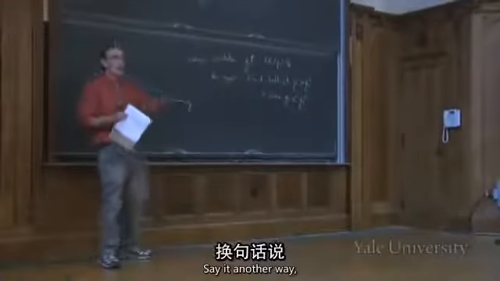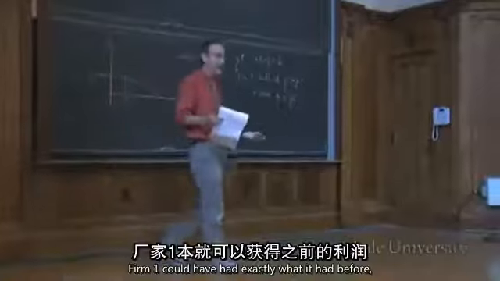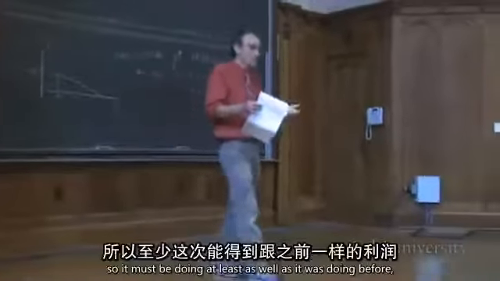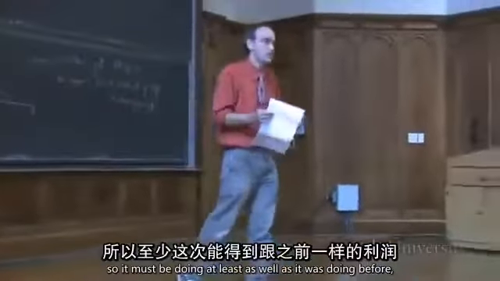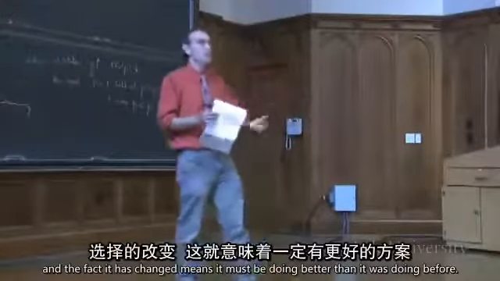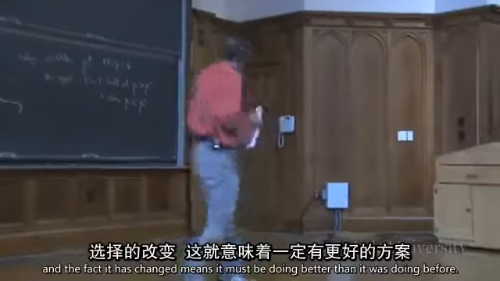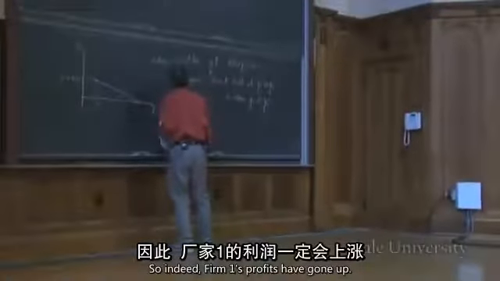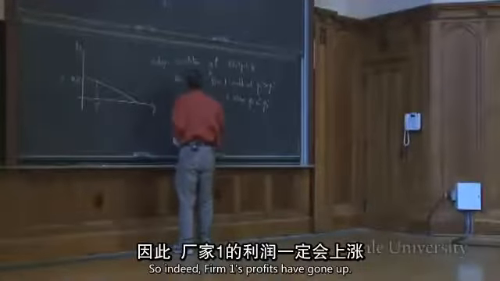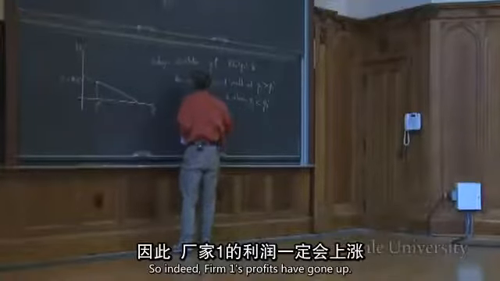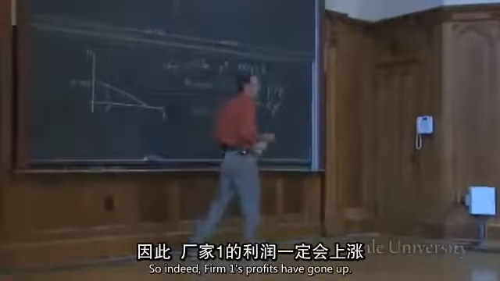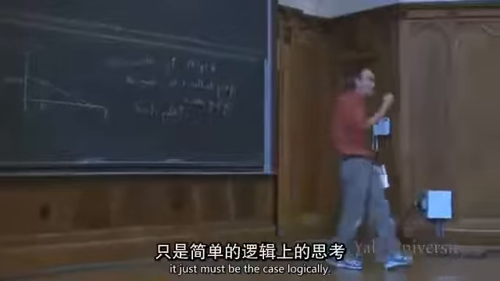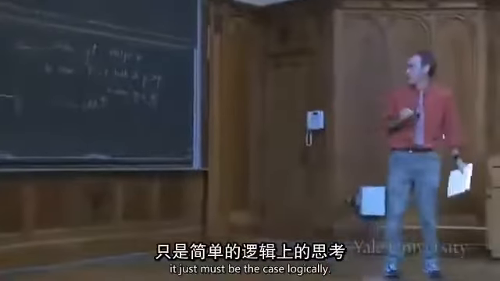So firm 1 could have had exactly what it had before, so it must be doing at least as well as before, and the fact it's changed means it must be doing better. So indeed, firm 1's profits have gone up. We don't even need any math to prove that. It just must be the case logically.